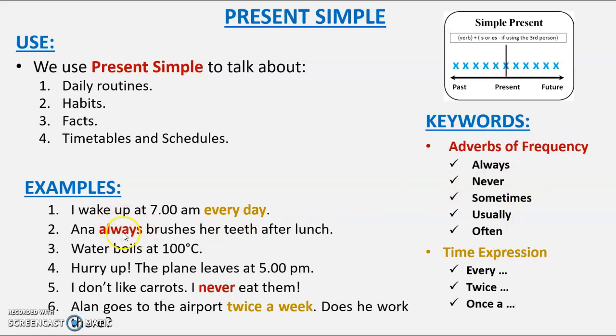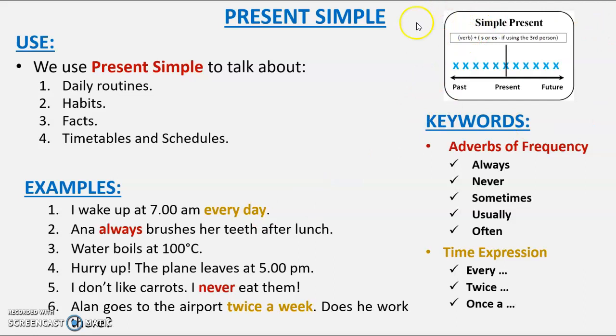If you see here, I highlighted in red, always and never, similar to here. And finally, we have time expressions, such as every, twice, once, twice a week, every day. That means that there's a time that goes on and on and happens every time.